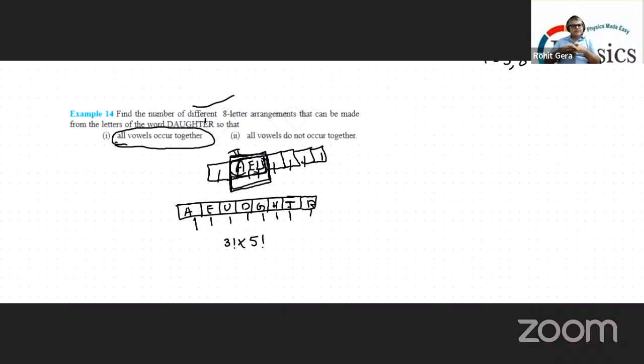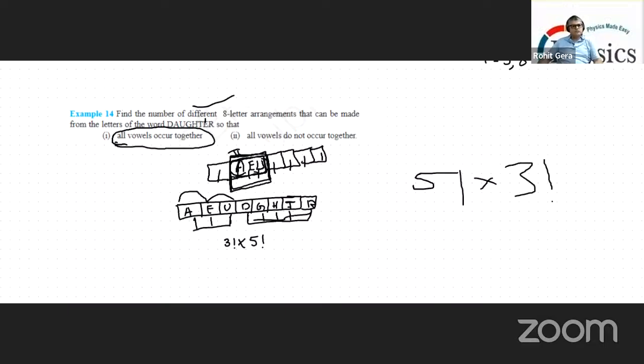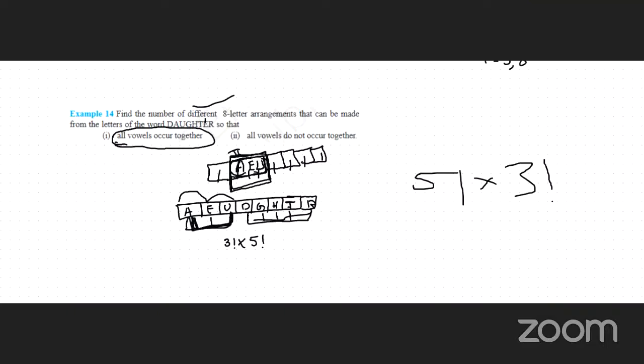So 3 places can be filled with only 3. They have to be consecutive. Where is the together part here? The 5 factorial is for this, and 3 factorial is for this. And we need to form an 8-letter word.